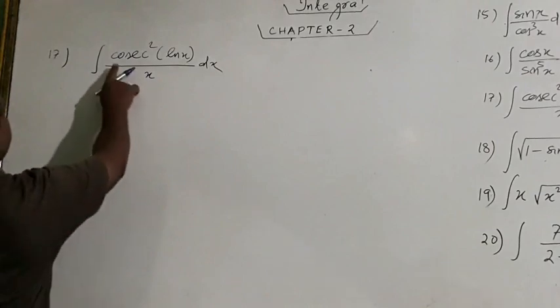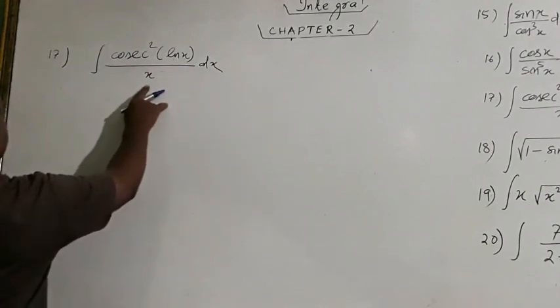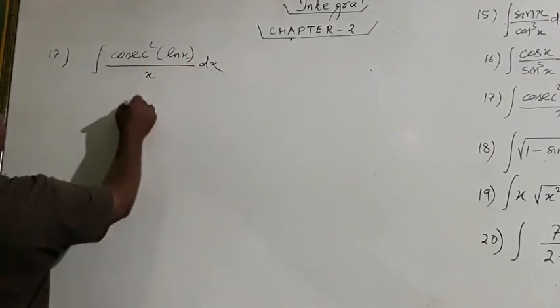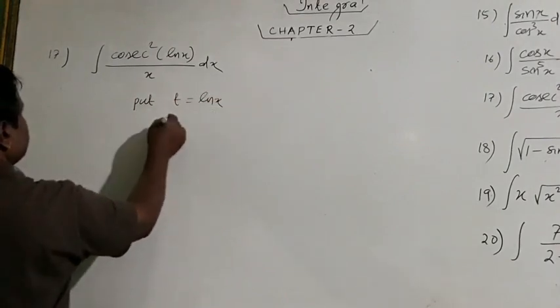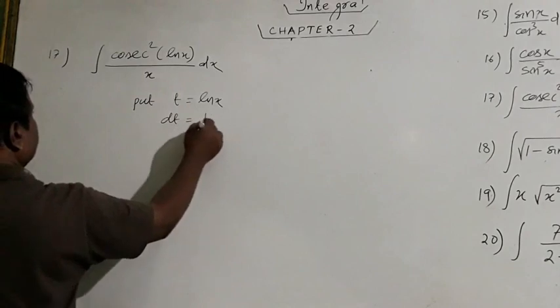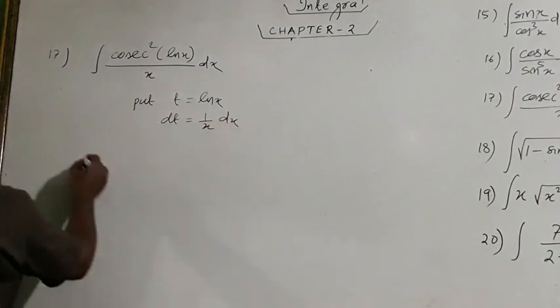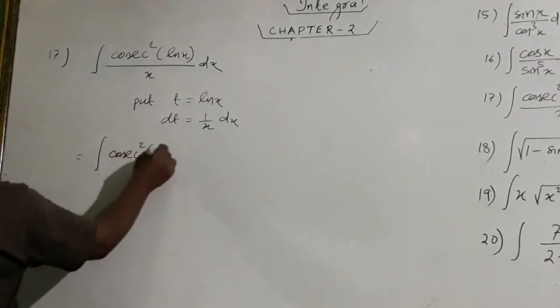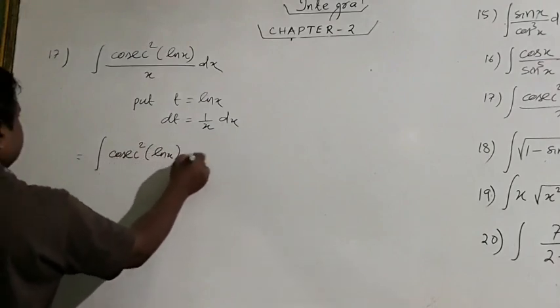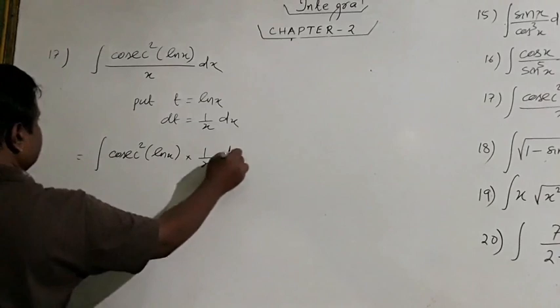Here just look at here. Whose derivative is here? Put t equal to ln x. dt is what? 1 by x dx. So you have to write this as cosec square ln x into 1 by x dx.